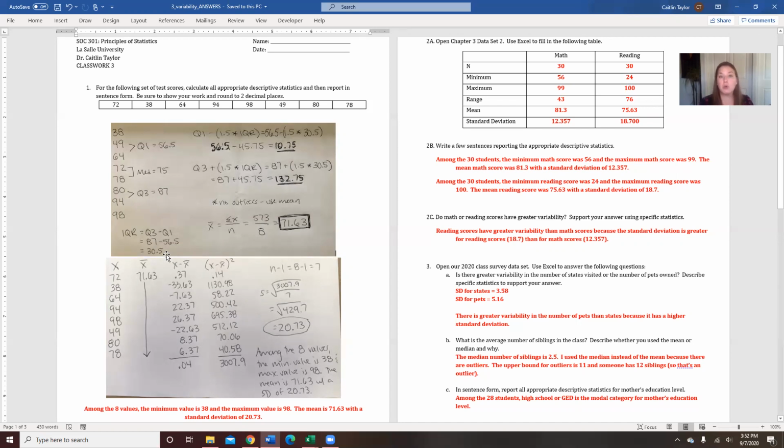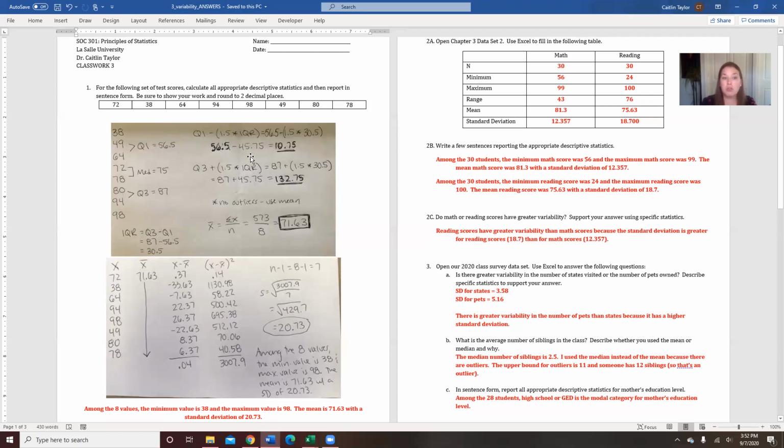Then we're calculating our lower bound and our upper bound, beyond which an outlier would exist. The formula for our lower bound is Q1 minus 1.5 times the IQR. So we're plugging in the values here, Q1 from over here minus 1.5 times our IQR, which we got down here of 30.5.